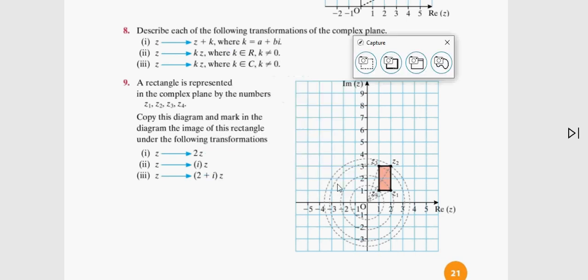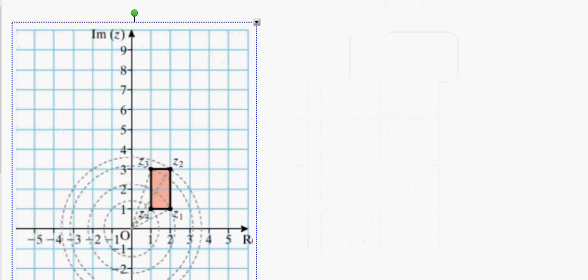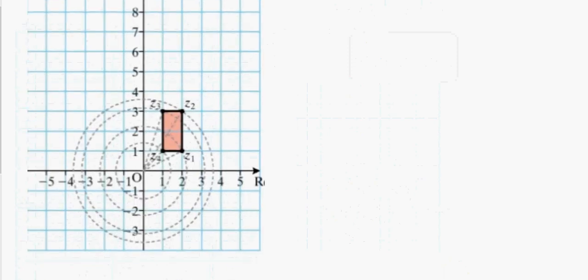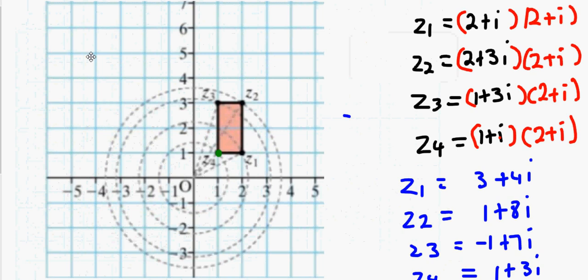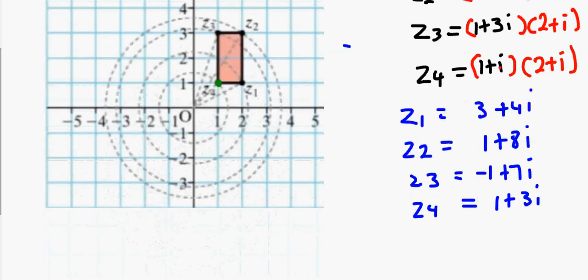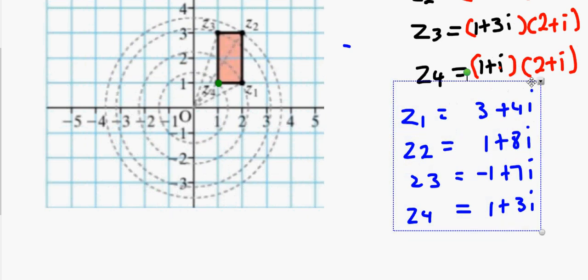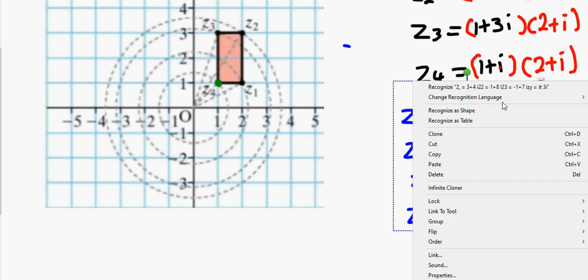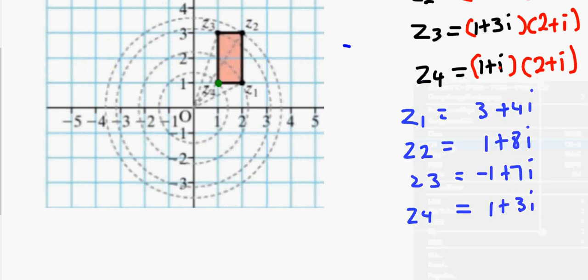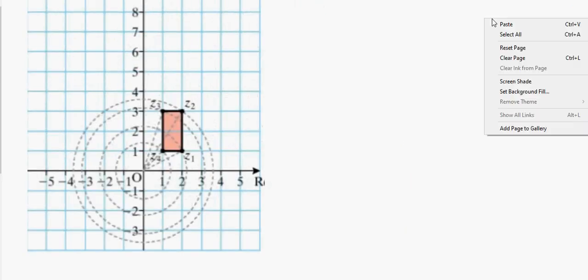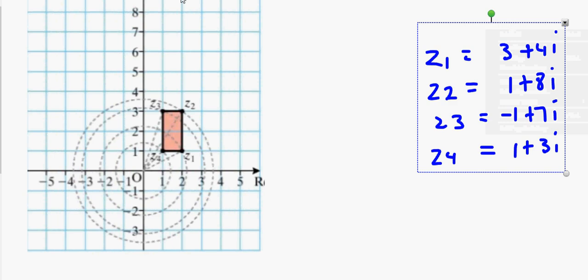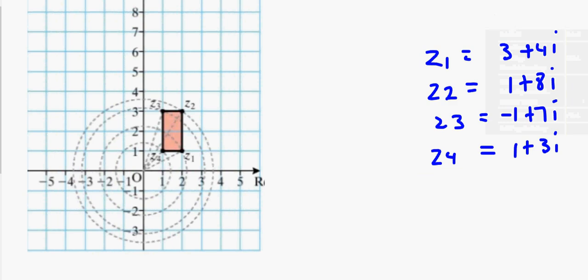Alright. So, right, here it is here. And here are my new points. Yeah, that's very useful. That's okay. Now, Control G. Okay, let's do this. 3 plus 4i. 3 across, 4 up.